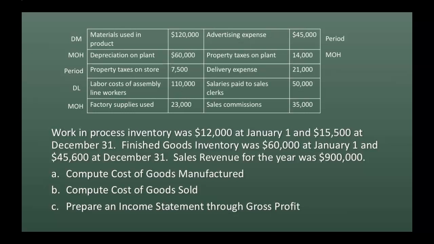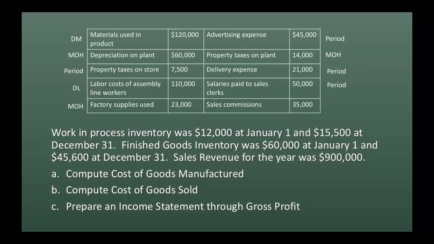Delivery expense. Well, once products are being delivered, they're no longer in the manufacturing process. So that's going to be a period cost. Salaries paid to sales clerks. These are employees who are outside of the factory, right? They are not making the product, so it's a period cost.